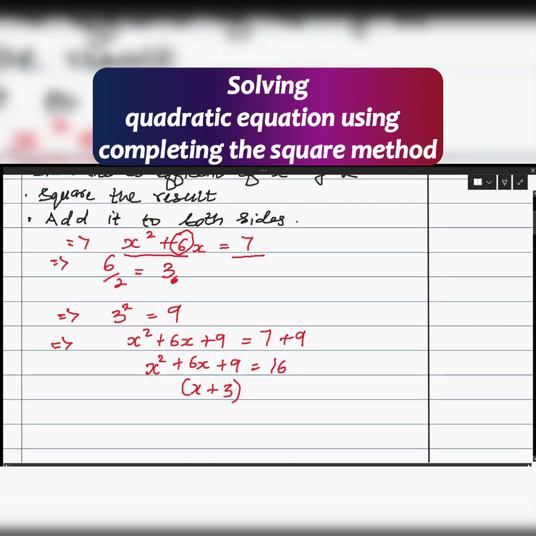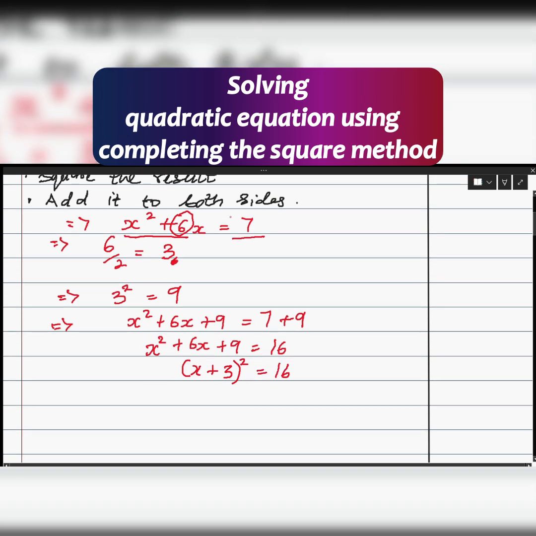But I will have to put the square. So I bracket here and I put x plus 3, which is that 3 where I divided the coefficient of x, then I put square, then equals 16. Now the next step is for me to take this square to the other side.